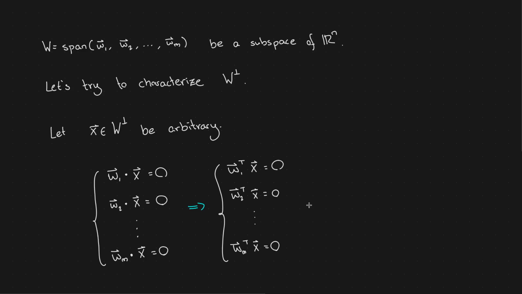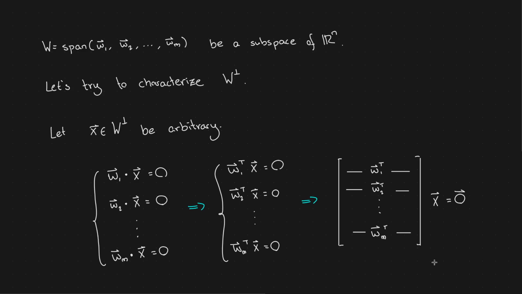In particular, this is exactly what we would get if we take the matrix where the rows are W1 transpose, W2 transpose, all the way to Wm transpose, and then I take vector x and I get the 0 vector when I'm done.